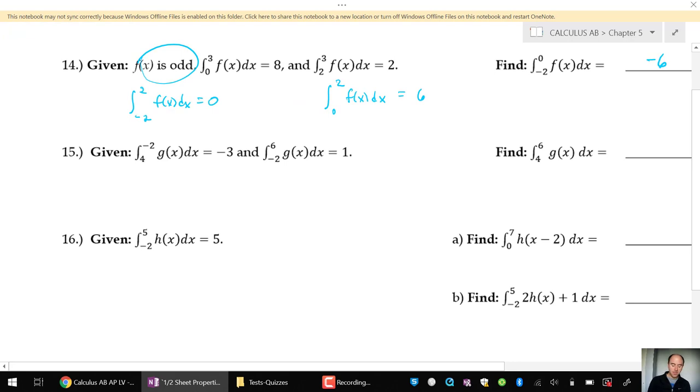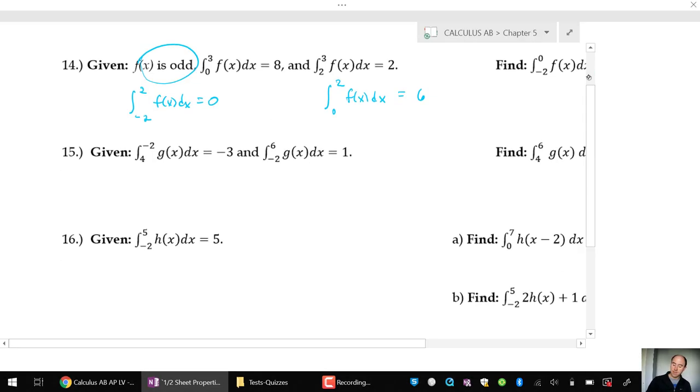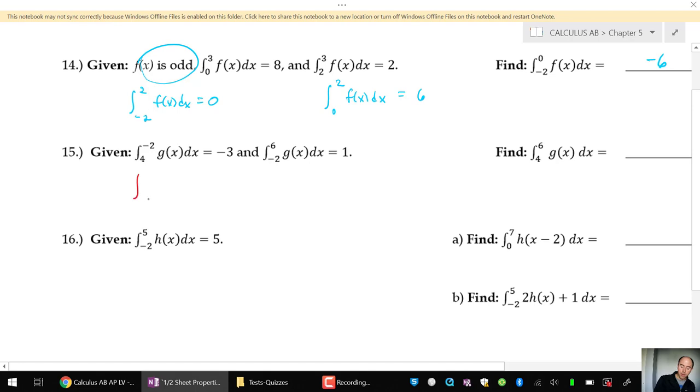Let's try 15. So here's another example where I might want to switch the bounds. It looks like these bounds are backwards. So for starters, with this first given statement, I'm going to write that as the integral from -2 to 4 of g of x. And if the original was given as -3, I have to negate this to make it equal to +3.